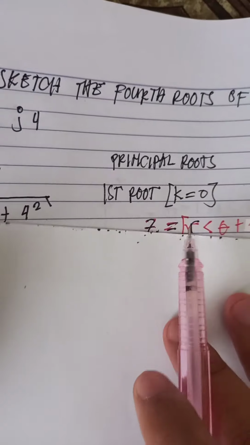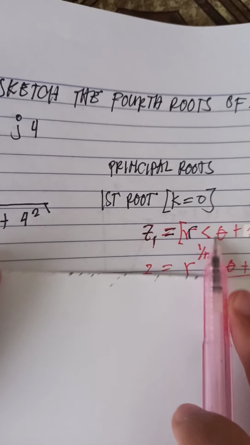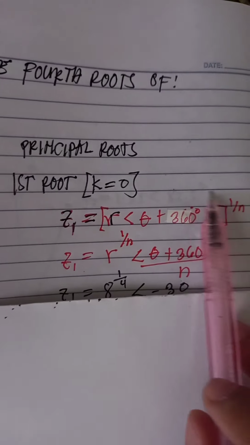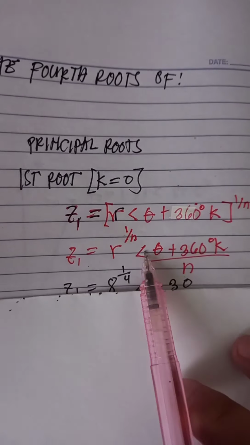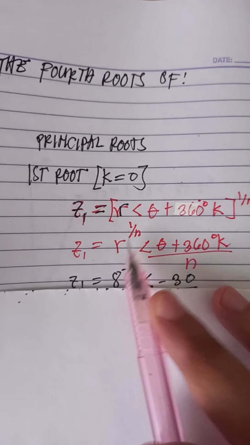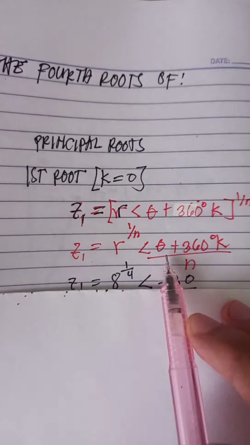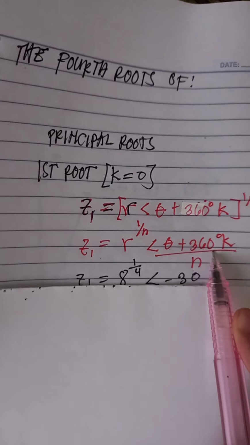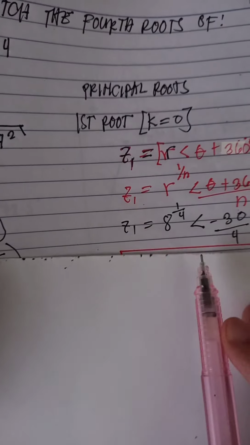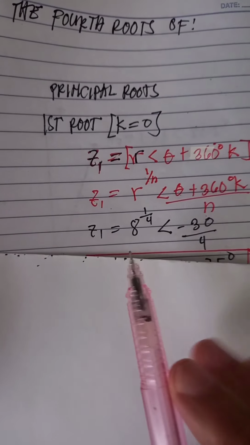So the first root is k equals to 0. As usual, this is the formula: Z1 is equal to r raised to 1 over n, angle of theta plus 360 times the value of k, over n. Our n here is 4.